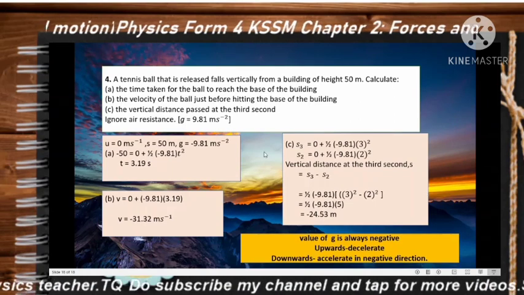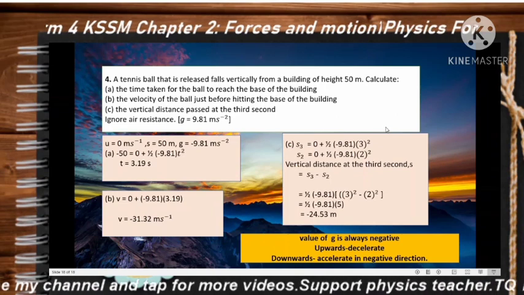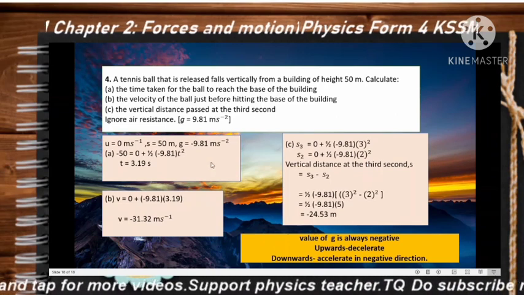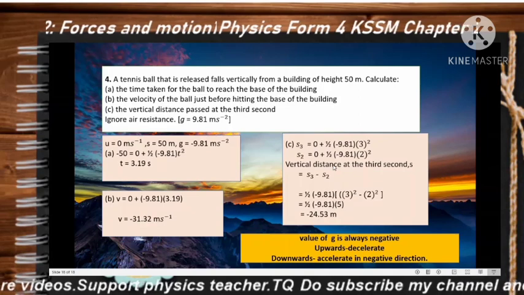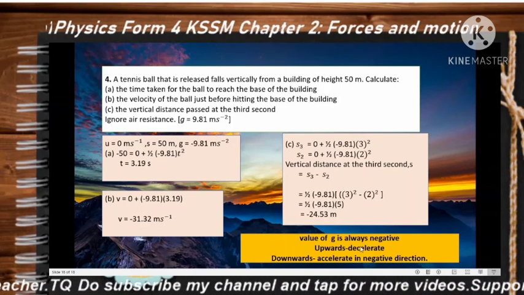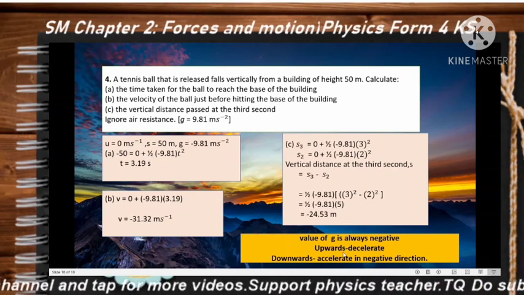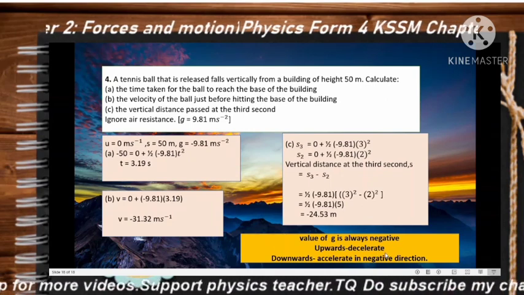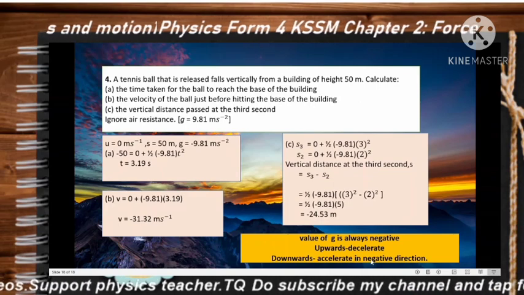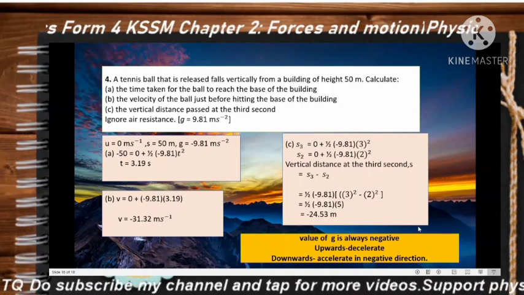Okay, so we already solved this one. As you can see from all the examples and exercises that we have discussed before, all show that the value of g is always negative. Why is it always negative? Because upwards decelerates, downward accelerates in the negative direction. So both must have a negative sign.